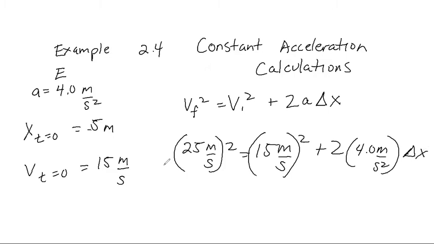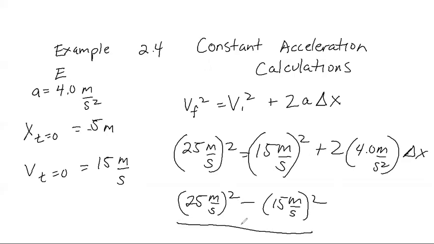Solving for delta x, we have 25 meters per second, quantity squared, minus 15 meters per second, quantity squared, divided by 2 times 4 meters per second squared. That gives delta x, and we'll find that delta x is 55 meters.